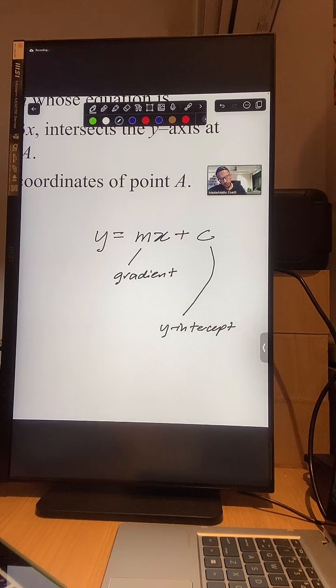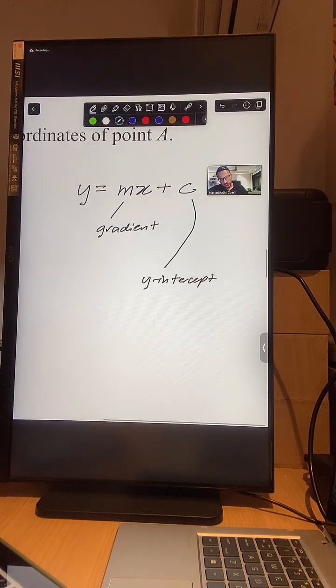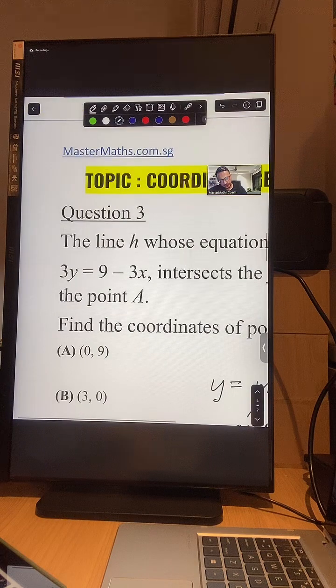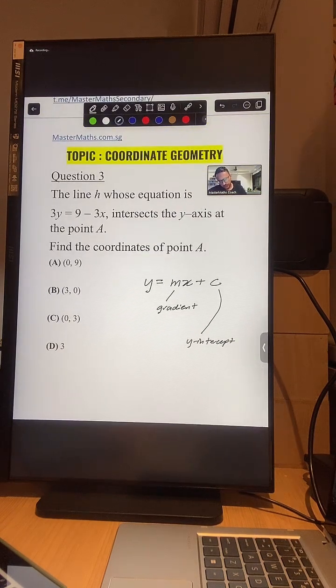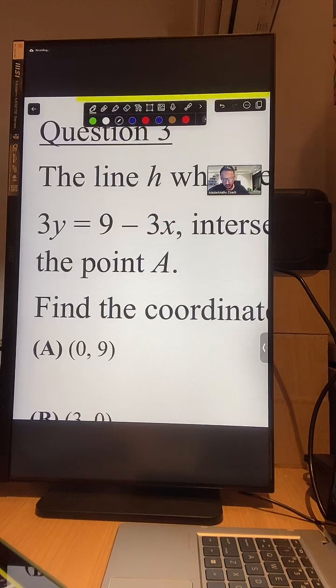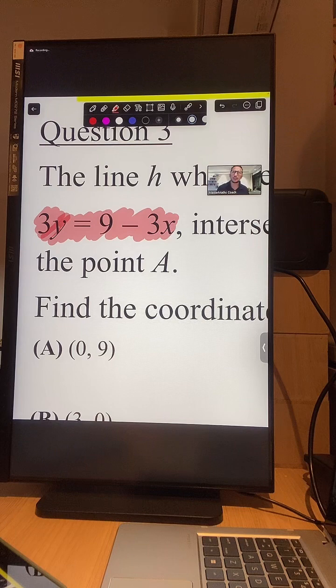Typically you will have an equation that looks like this. Can you see or not? 3y equals 9 minus 3x. I highlight it for you. This is your equation here, and one time I look at it, I know this is a straight line, because it is in the format y equals mx plus c.